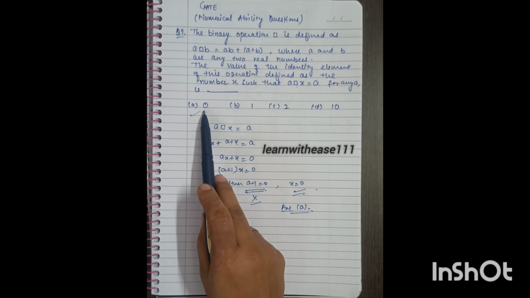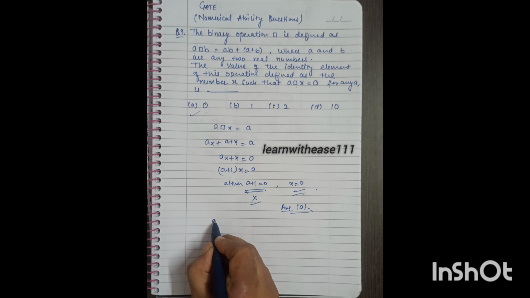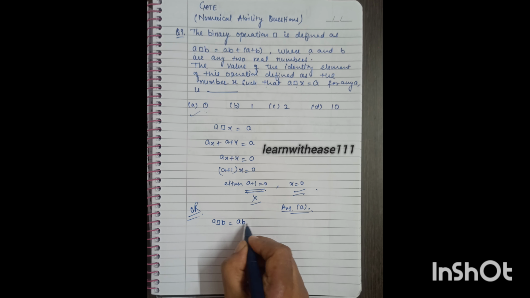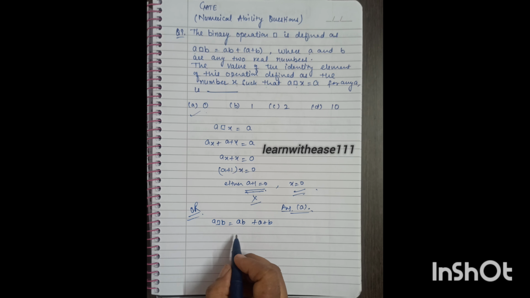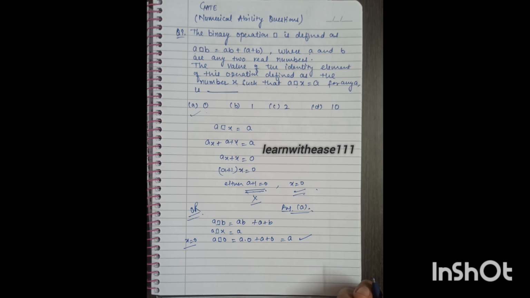There is another way to check this. You can use all the 4 options to check whether they are the identity element or not as per the given operation. If you operate a by 0 in the operation a ∘ b = ab + a + b, so when x is 0, a operated with 0 should be a. As per the operation, it is a·0 + a + 0, which comes out as a. So 0 is working as the identity element.